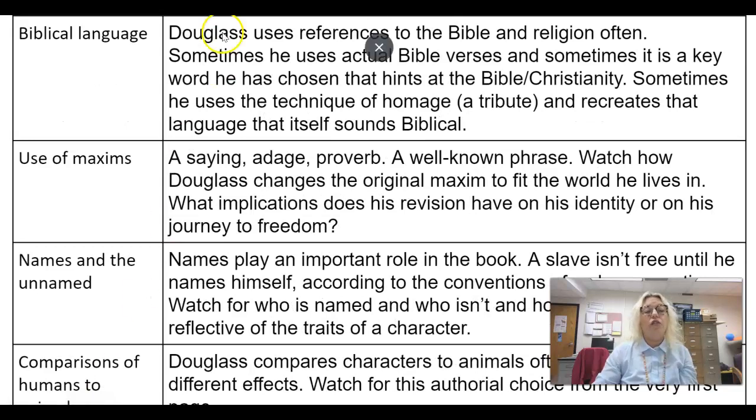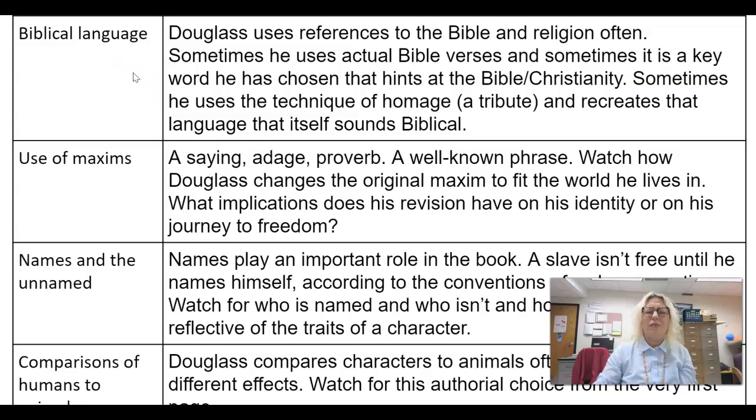Here they are. The first one is biblical language. Douglas uses references to the Bible and religion often. Sometimes he uses actual Bible verses. Sometimes it's a key word that alludes to Christianity or the Bible.